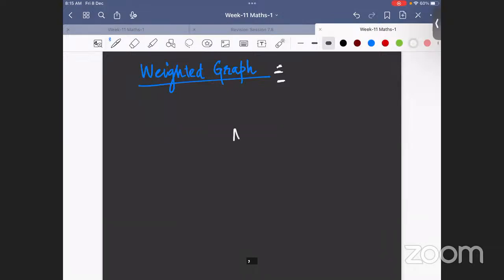Let's say, for example, you have been given a graph where each vertex is a place. Instead of writing A, B, I can write it like this. So this is Patna, this is Chennai, this can be Prayagraj or Allahabad, as you call it, and then this can be Vellore.